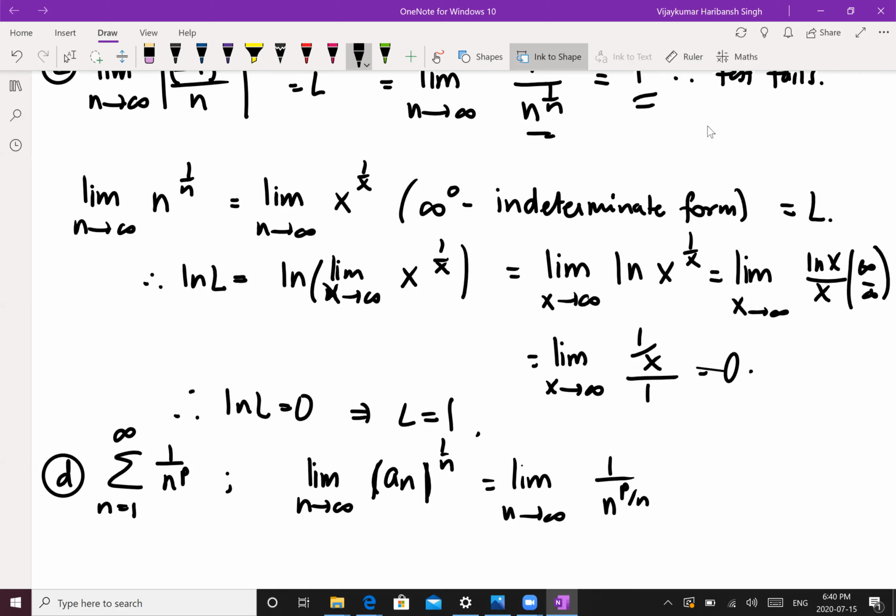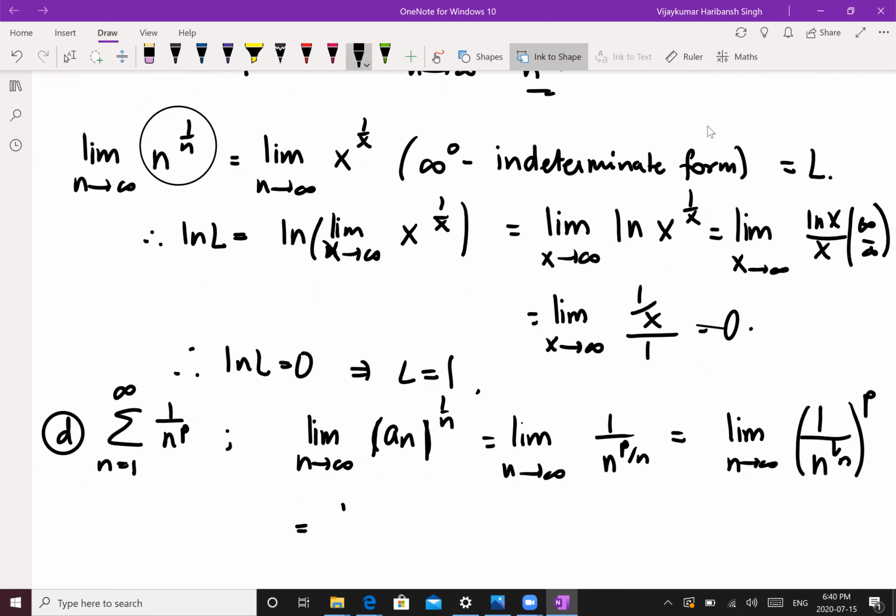Using the same technique, you can bring the limit inside. This is going to be 1 by n to the power 1 by n, the whole power p. By the laws of limits, this is the limit of (1 upon n to the power 1 by n) to the whole power p, which is going to be 1 to the power p, which is 1. And this is your L, which is equal to 1.